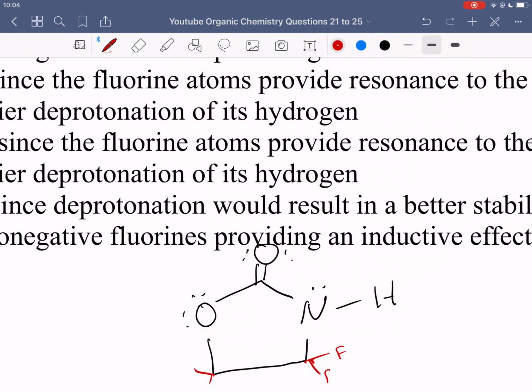So these guys have been replaced with fluorines, and so now really the only hydrogen remaining is the one with nitrogen, so it should be very clear that that's the hydrogen that we're talking about. Now, is this more acidic or less acidic? Well, you should always think about it in terms of what happens when a reaction takes place.